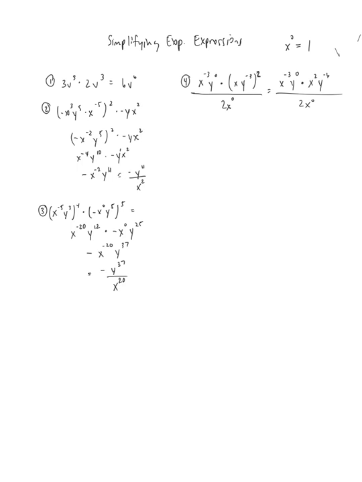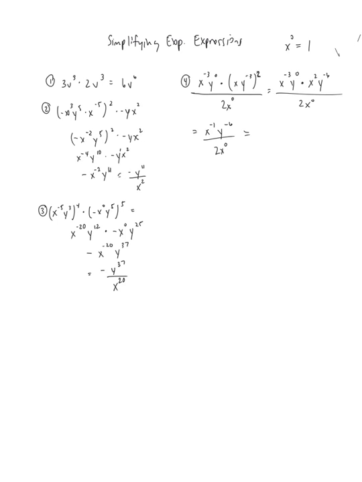2x to the 0. So now we're simplifying in the numerator. So I have x to the negative third and x to the second, so a total of negative 1 x's. And then y to the 0, and then y to the negative 6 combined just to y to the negative sixth. Still all over 2x to the 0.